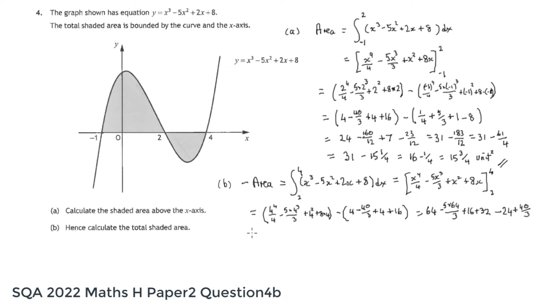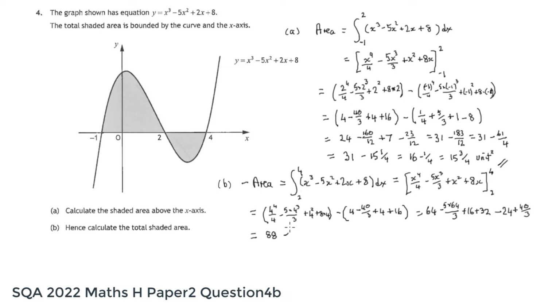So again, we're making good progress here. So let's deal with all these constants. 32 minus 24 is 8, and 16 is 24. Added on to 64 is 88. And then we've got minus, well, how many thirds do we have here? 4 plus 25, 6 is 30, 320.